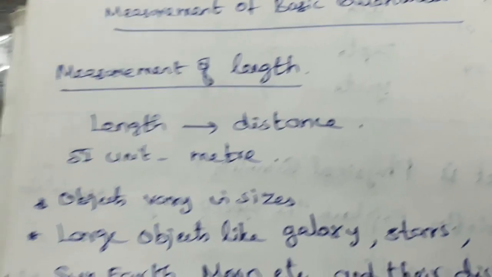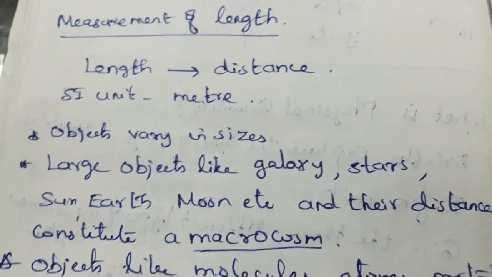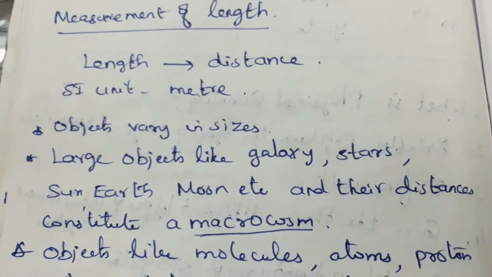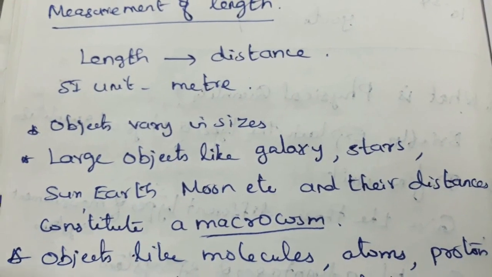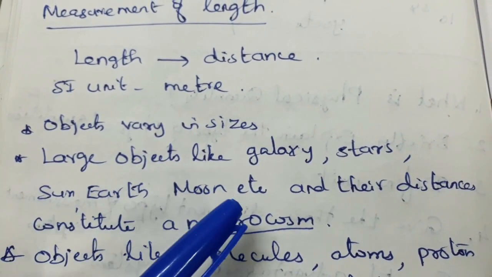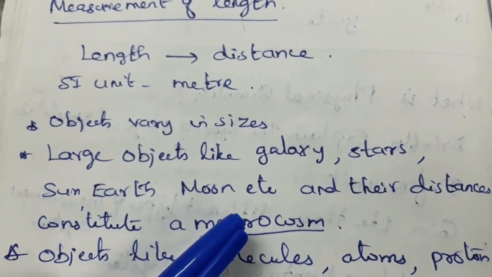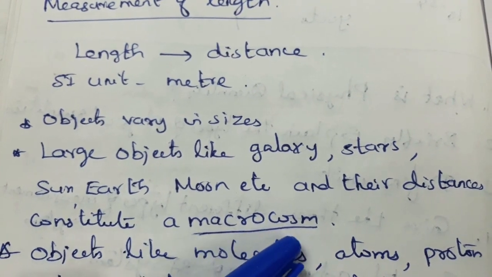The objects of our interest vary widely in size. Different objects, different sizes. In this world, we are dealing with smaller objects as well as large objects. Large objects like galaxies, stars, sun, earth, moon, etc. and their distances constitute a macrocosm.